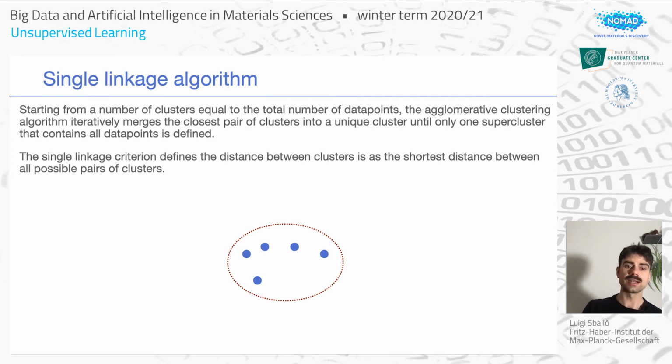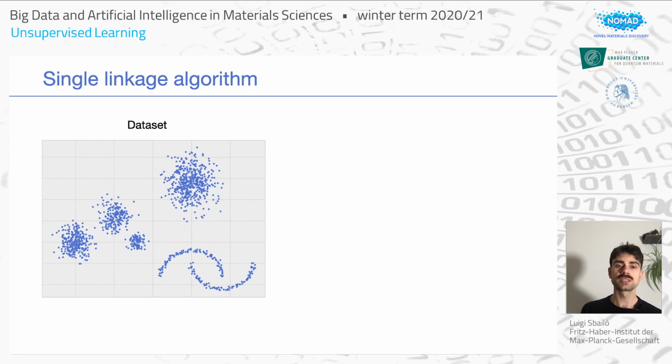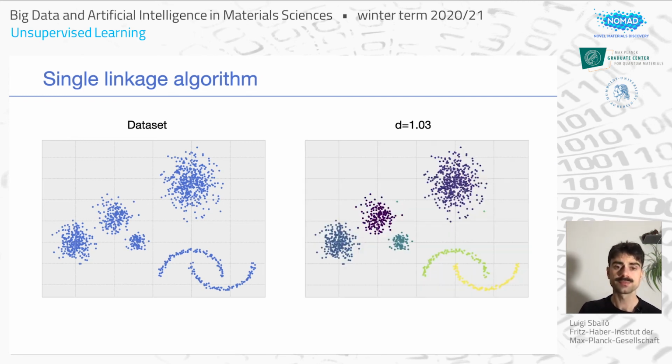But if we now apply this algorithm to our previous dataset, and we select a distance of 1.03, this is what we would find. We can find our clustering, and we can see that the two half moons are in two different clusters, as we would expect.